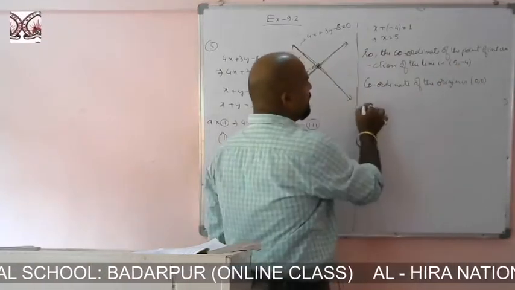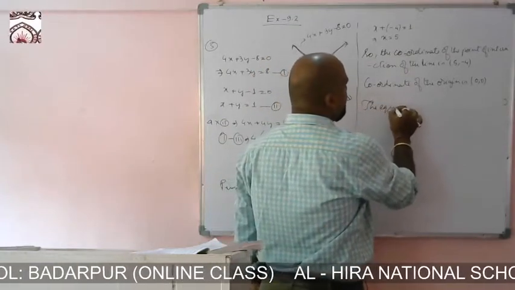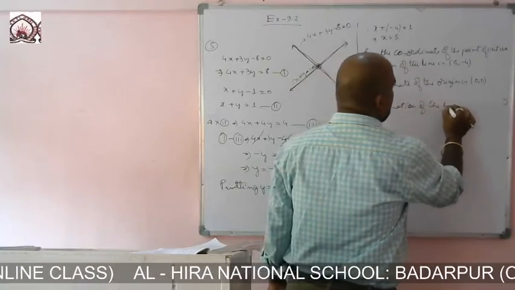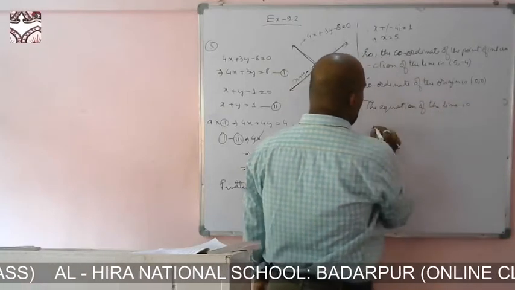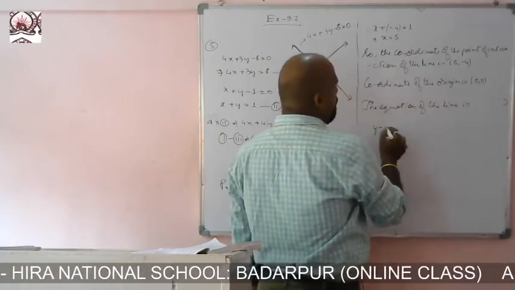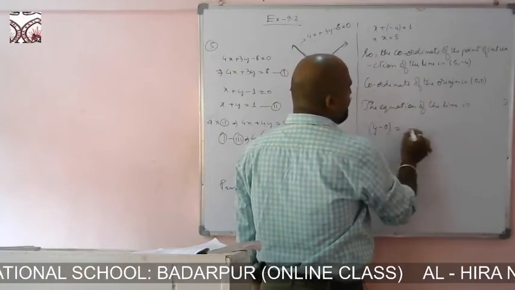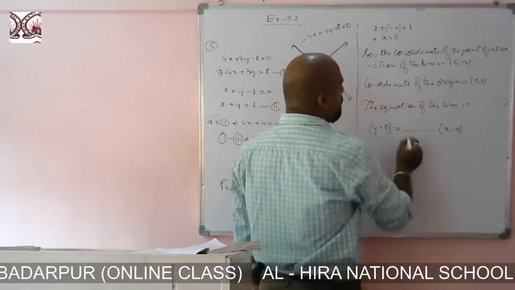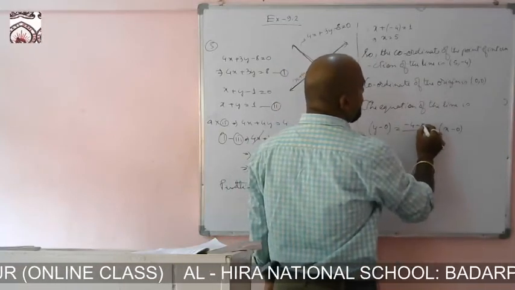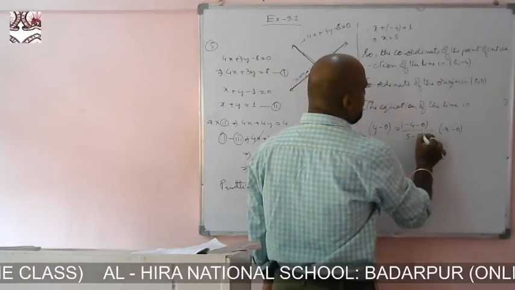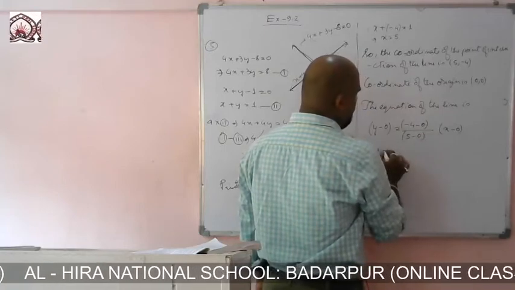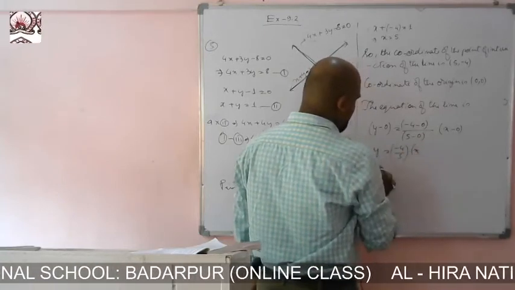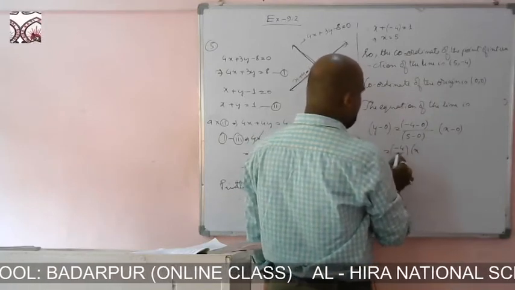Okay, then the equation of the line is: y minus of 0 equal to x minus of 0 divided by minus 4 minus of 0 by 5 minus of 0. So what is the value of y? Minus 4 by 5 into x. That is what you are getting.